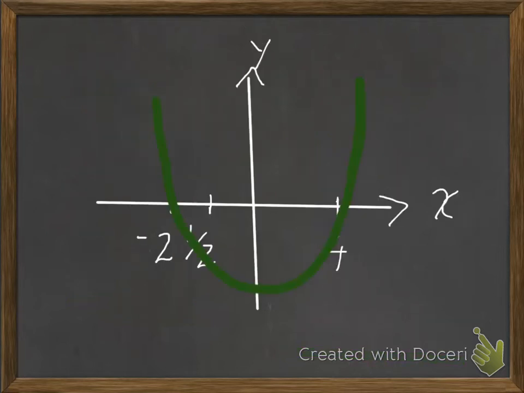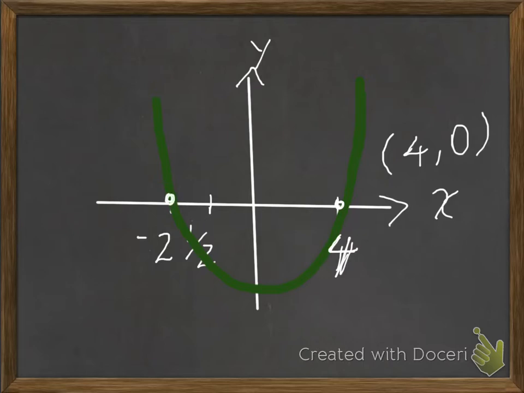So here is a rough sketch of our solutions. Here is x equals 4. This is that x value when y is 0. It's right on the x-axis, so y is always 0 on the x-axis. So this is the point 4, 0. That's one solution.